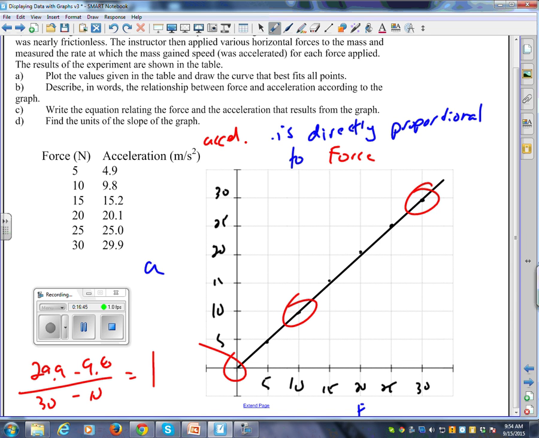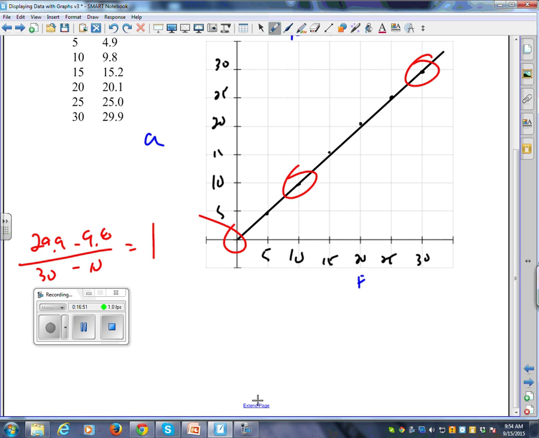Write the equation relating the force and the acceleration from the graph. What is your equation? You would say y equals mx plus b. What's the y quantity? Acceleration. What's the m value, the slope? 1. What's the x quantity? Force. What's the value of b?